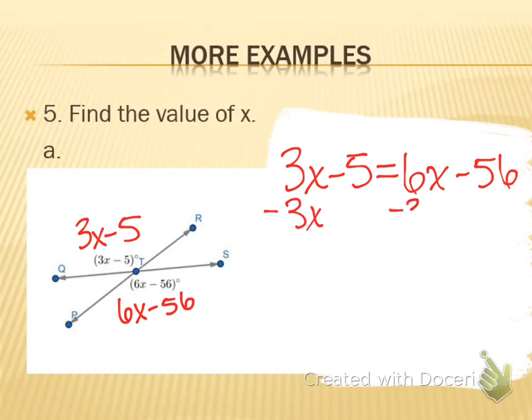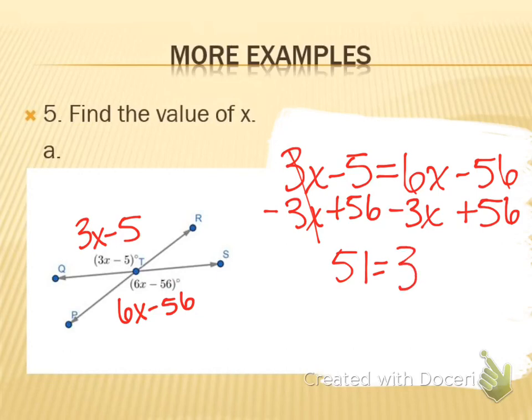My personal preference is going to be to subtract 3x from both sides and add 56 to both sides. That leaves me with 51 equals 3x. When I divide, what do I get? 17.